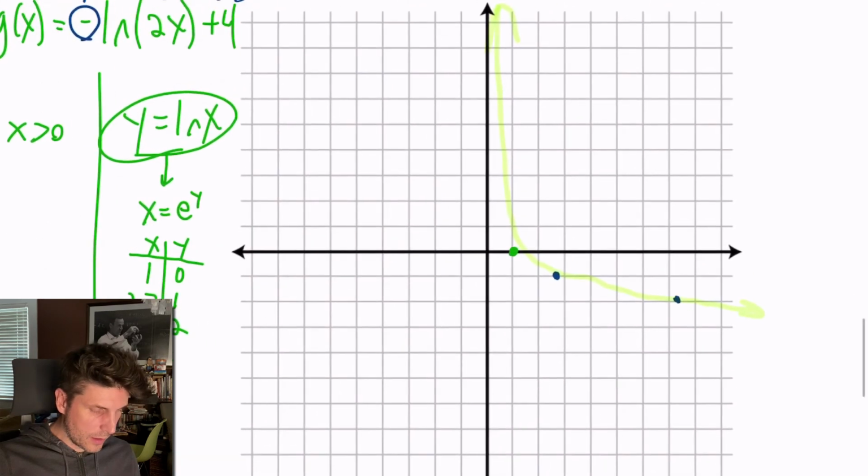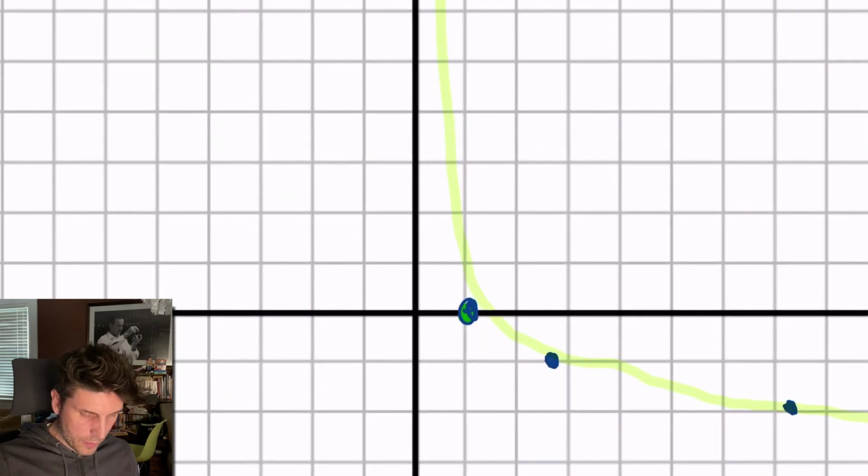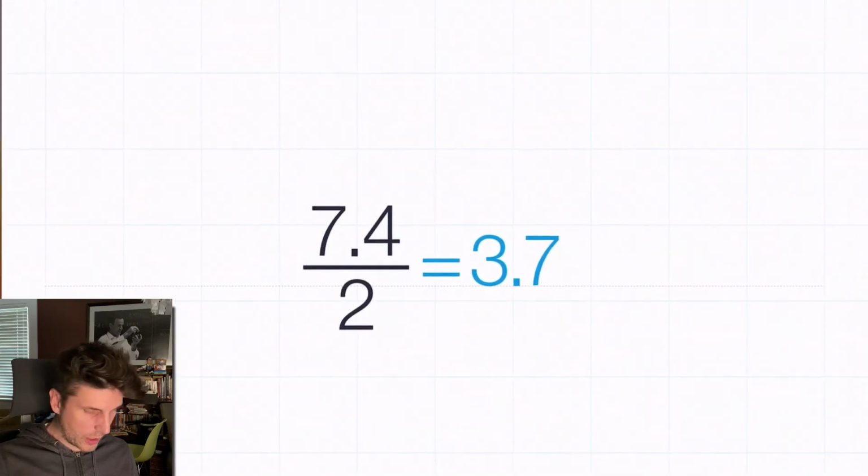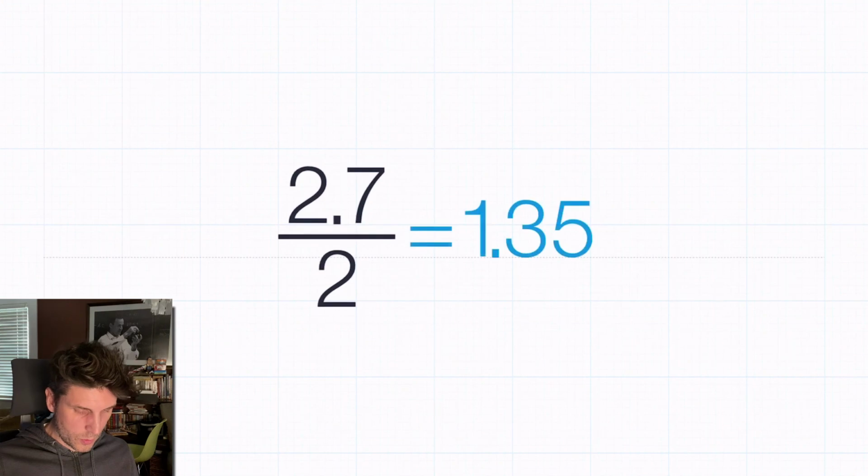And then we have to take all of our x values and multiply them by a half. So half of 1 is 1/2. Half of 2.7 is going to be 1.35. Just going to double check on that. 2.7 divided by 2 is 1.35.